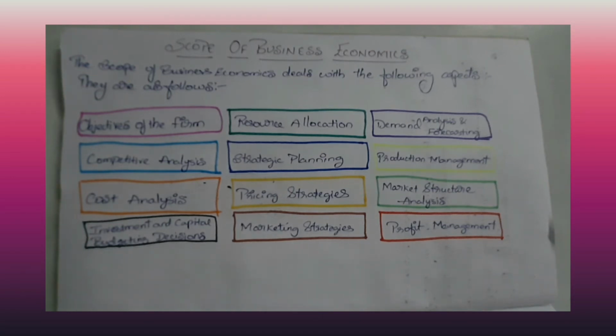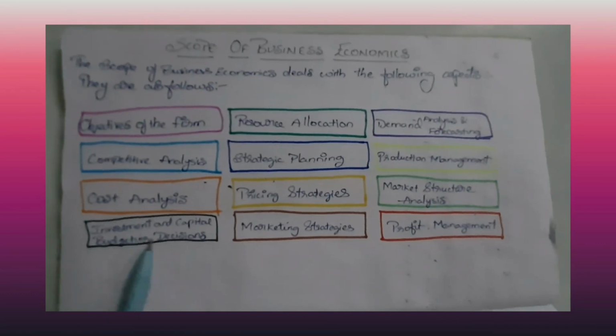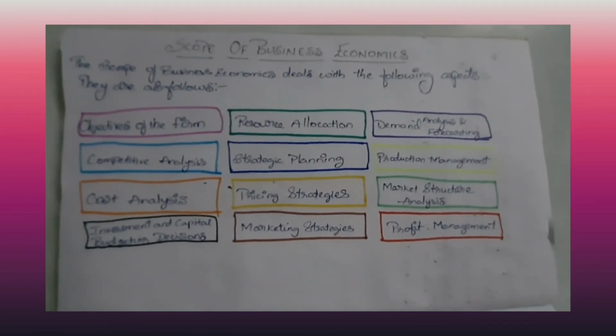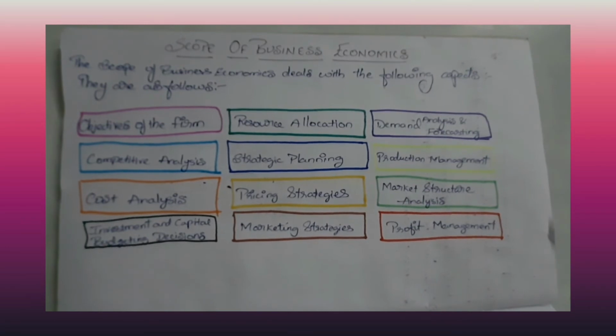Next comes investment and capital budgeting decisions. Here comes the opportunity cost: how to make important decisions and how to make an investment. The businessman or entrepreneur, the business manager, has to know how much capital to introduce into the firm and how much to invest.